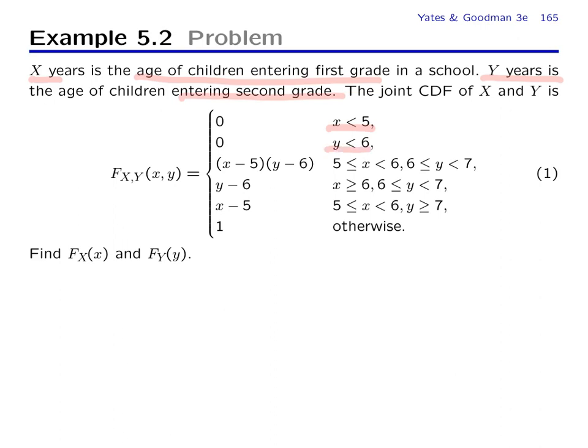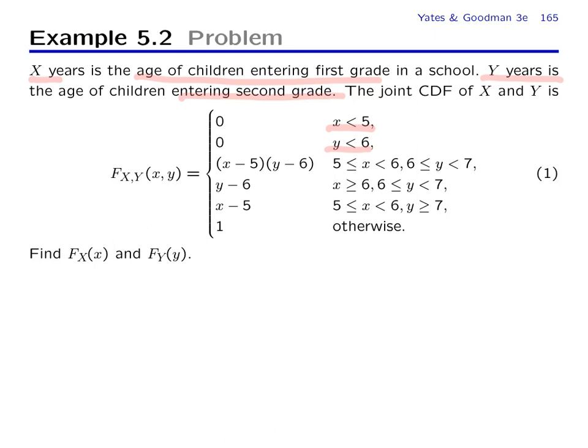But frankly, this is a really simple model of an experiment. In fact, what the CDF is saying is that children entering first grade are between 5 and 6, and children entering second grade are between 6 and 7. But here we have 6 cases, and the way the CDF presents the information is written in a super confusing way.